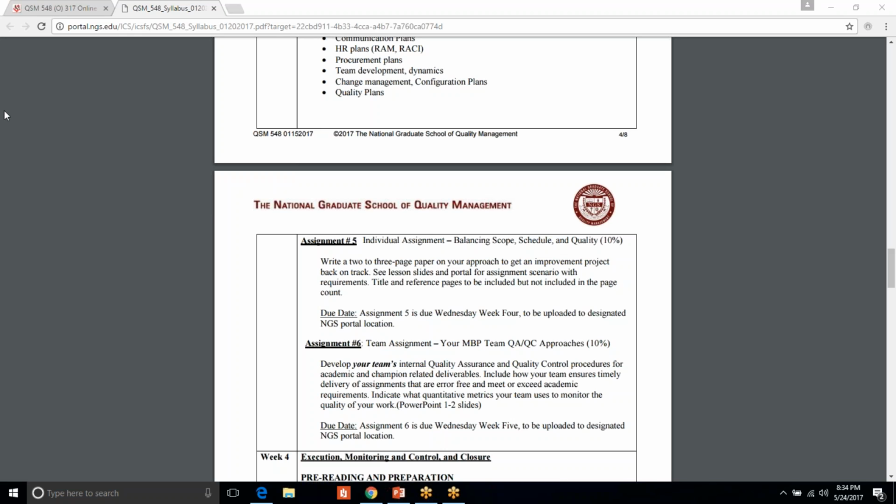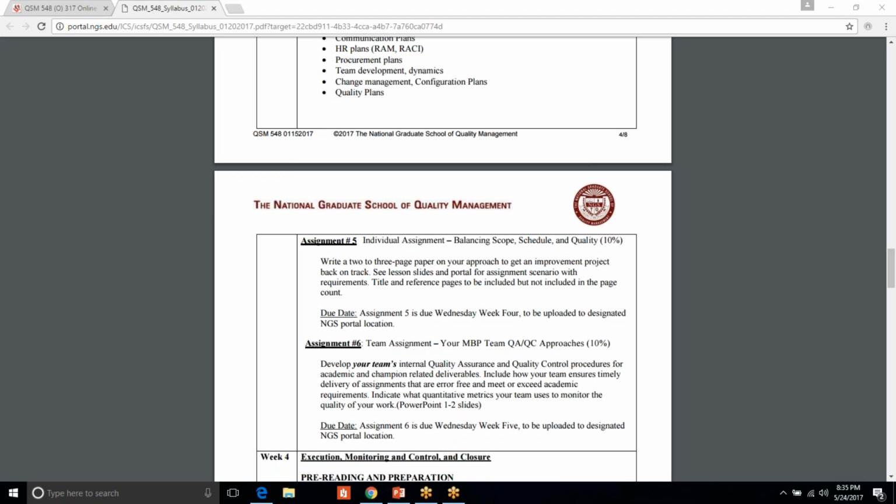The lesson slides in the portal for the assignment scenario will give you the requirements. Title and reference pages should be included, but they don't count as part of the 2 to 3 pages. This is due Wednesday before week 4, so that is again June 14th. And you'll see that there's a portal location for that to be uploaded.